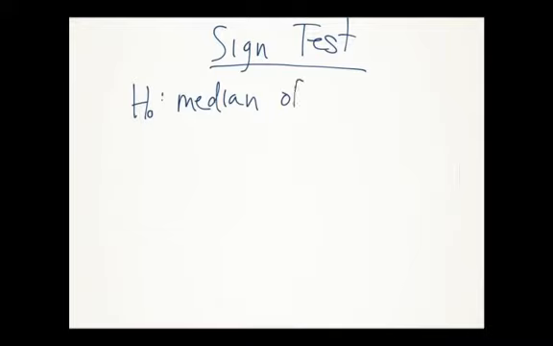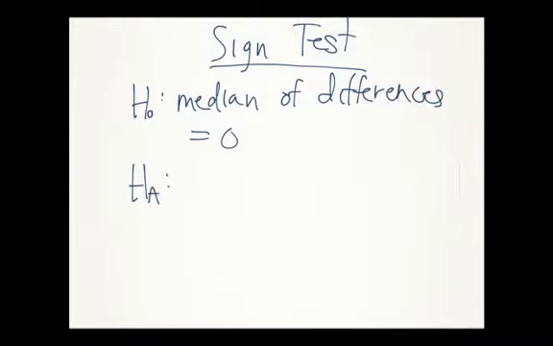So it says the median of the differences is equal to 0. And the alternative hypothesis is that the median of the differences is not equal to 0.